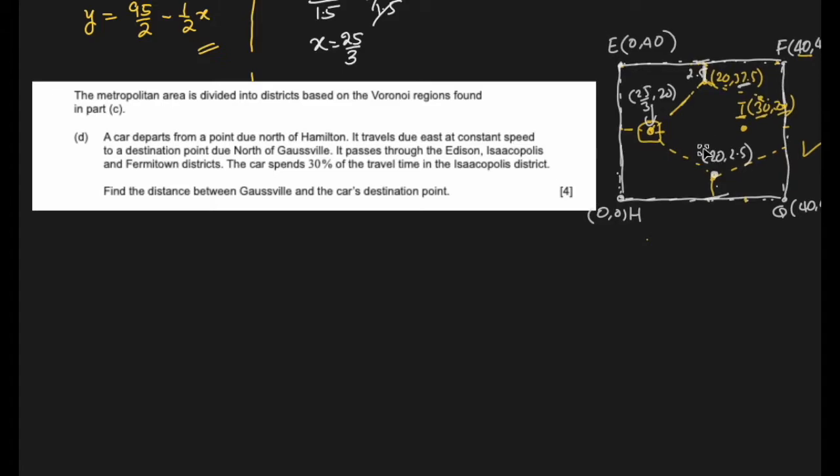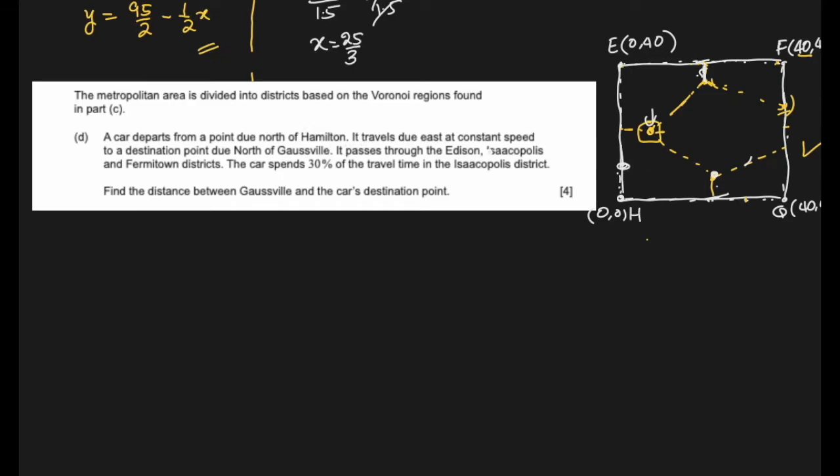Okay, so let me erase some parts out of this. I know the details, so 25 over 3, I erase this, I erase this. We'll focus only on the Voronoi diagram. A car departs from the point due north of Hamilton, here somewhere.